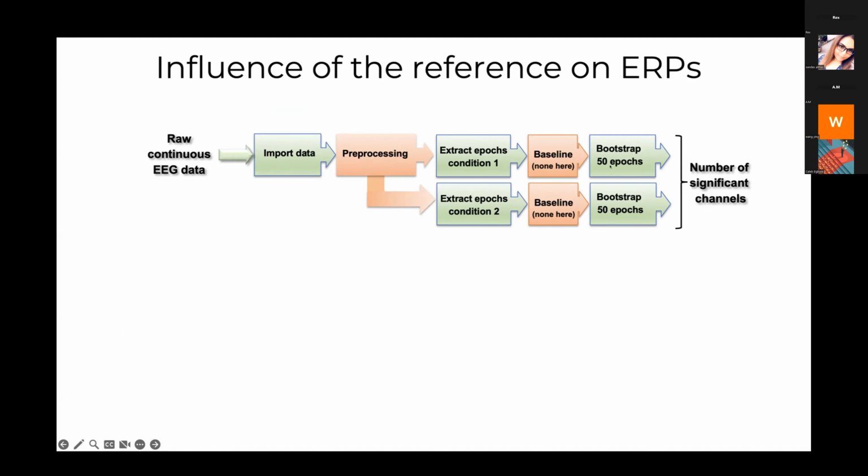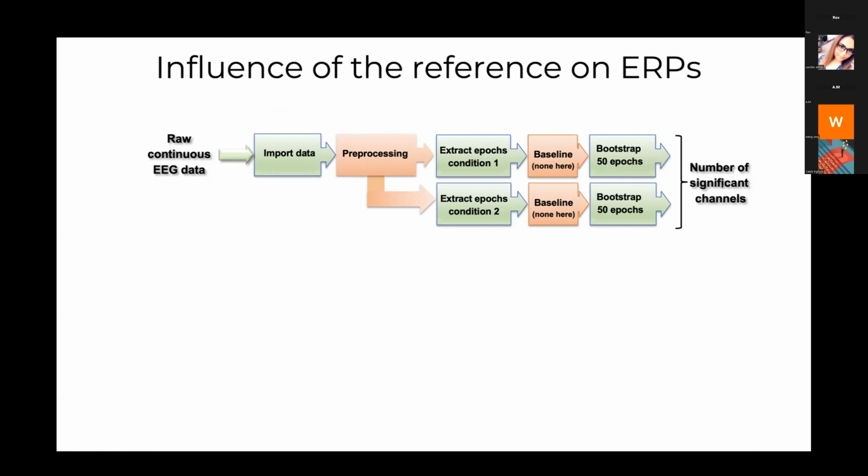And then we bootstrap 50 epochs, and we do the difference between the two sets of epochs. And based on the amplitude of the difference and the number of significant channels in that case, we say, well, this method seems to be better than this other one because we have a higher number, for example, of significant channels using this method. So that's exactly what we did here.